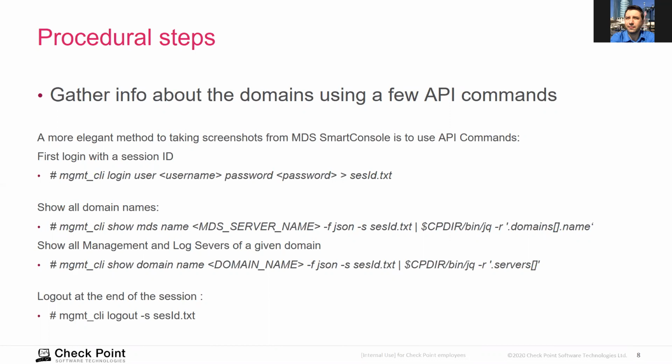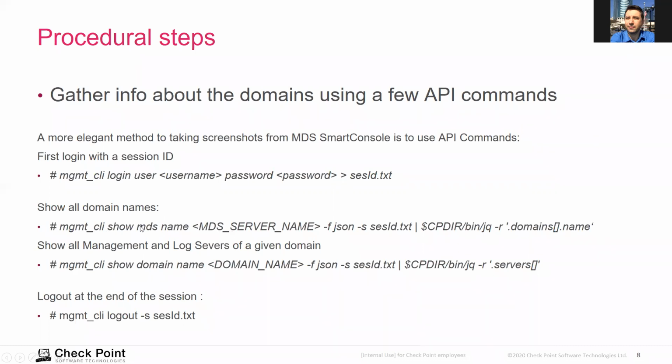So you would like to have the information before you do that. We can use API commands to gather this data. They are very easy commands, and they can be used even in scripts.